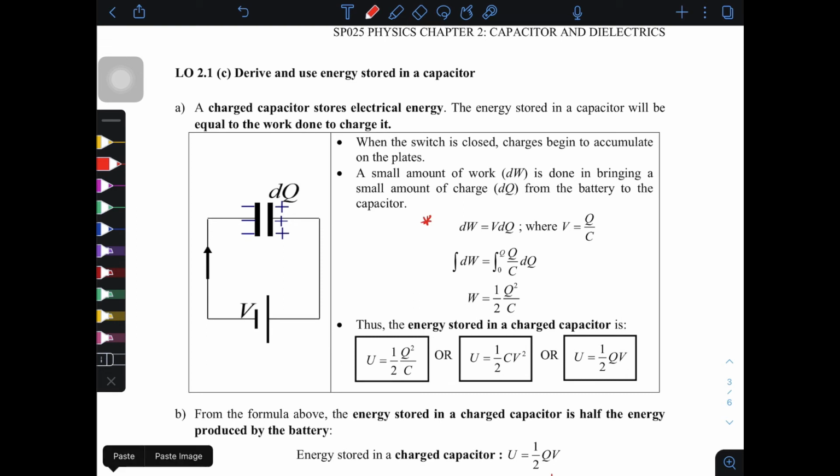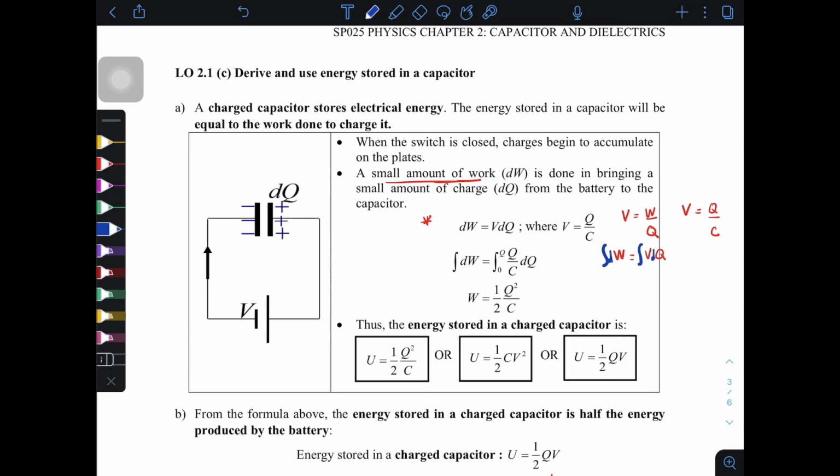Okay. So, kita tahu from the equation in chapter 1, potential difference is equals to work done over charge, and kita tahu V is also equals to Q over C. Okay, so kita tahu work done is equals to VQ. Disebabkan kita menggunakan a small amount of work sahaja, we have to integrate dia. Okay, integrate dW, kita akan dapat dW equals V dQ.